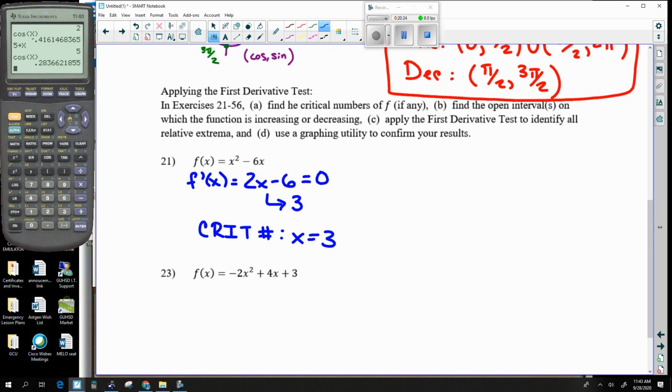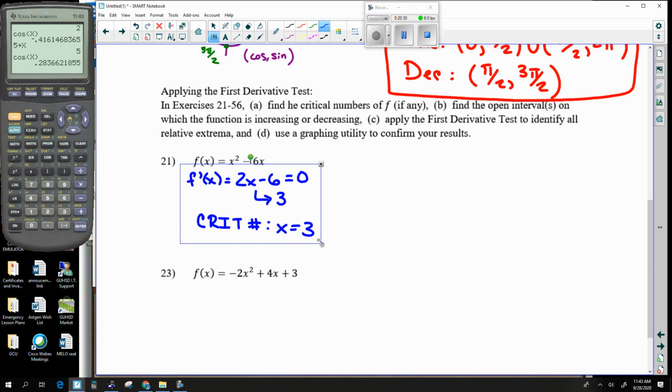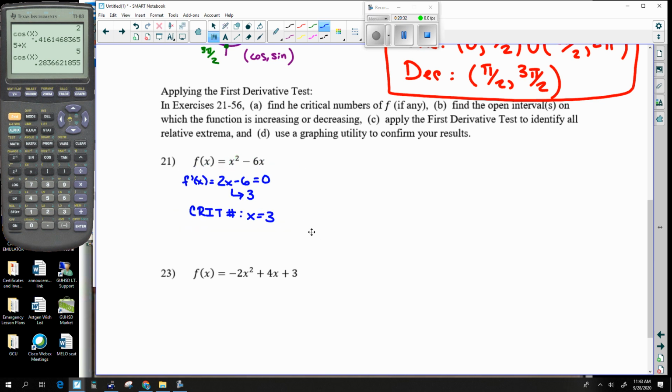Okay, let's find where this is increasing and decreasing. So we put this on the f and the derivative, and we have important stuff occurring at 3.